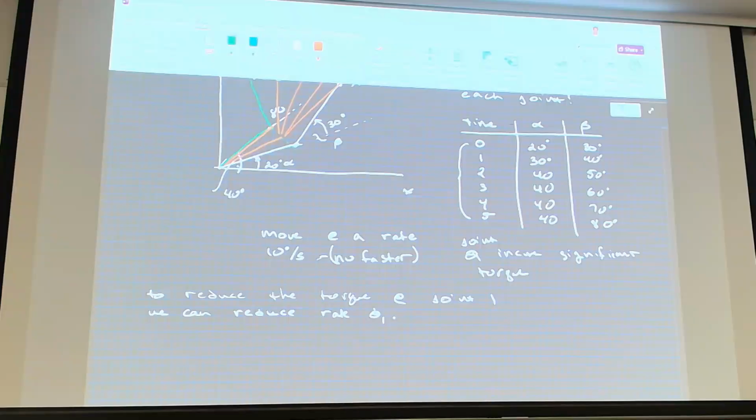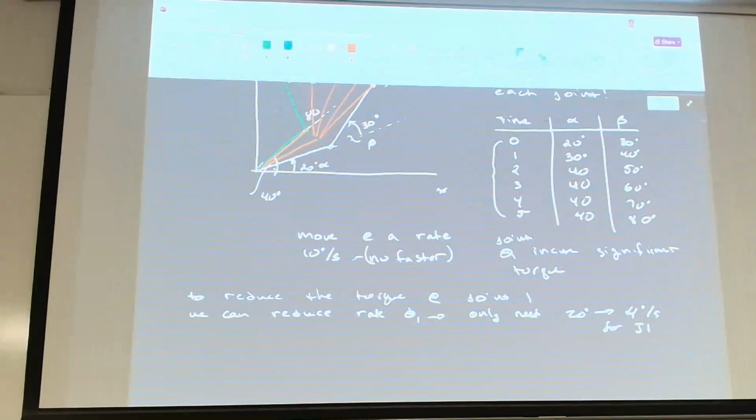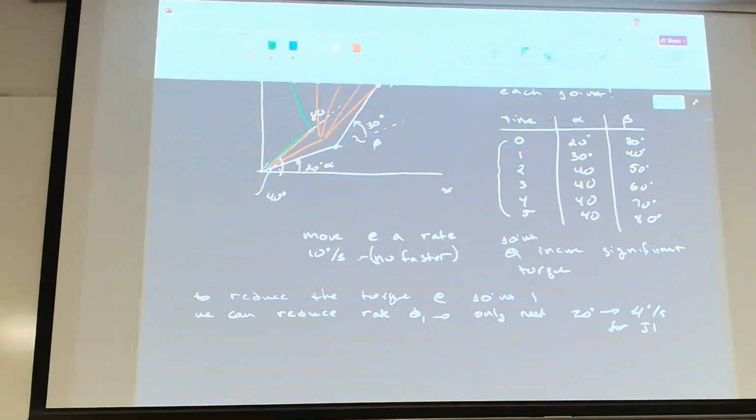So we have to go 20 degrees. We have 5 seconds, so we only have to go 4 degrees per second for joint 1. Right? Why do I have to make it go 10 degrees per second and have to wait? I can just divide that out and say, I'm going to go 4 degrees per second. Right? That seems plausible.